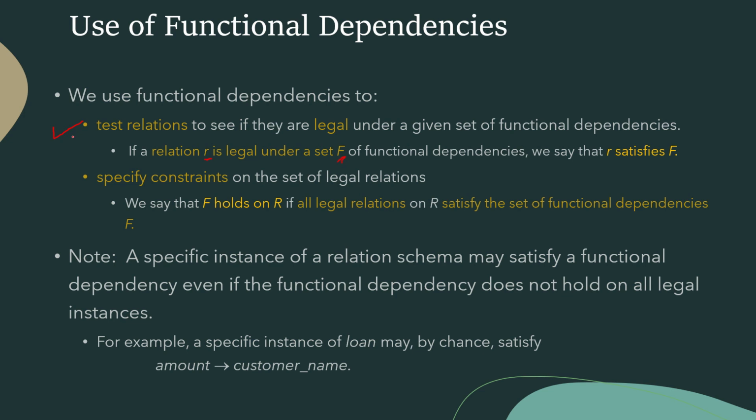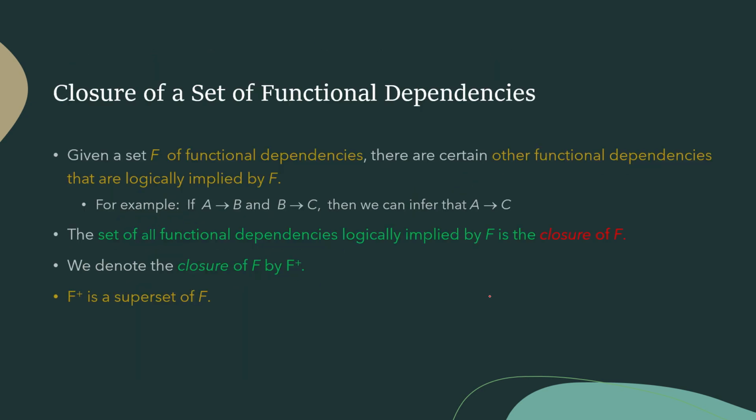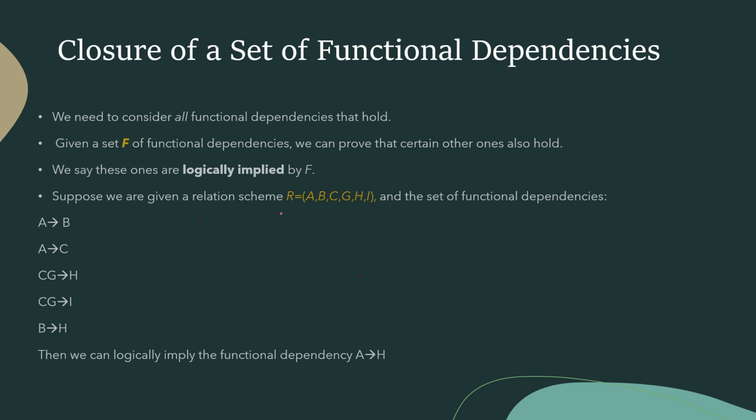The first use is that we are given a table or a relation and a set of functional dependencies denoted by F. Considering this example, let this be a relation. Here we are just specifying the attributes as a schema. Schema means the set of attributes inside that table. And let this be the set of functional dependencies.